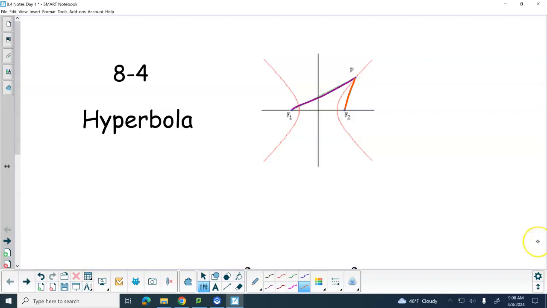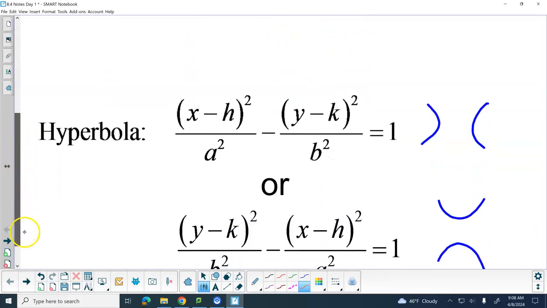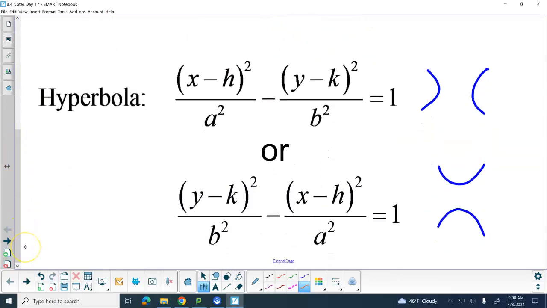So on your supplemental sheet, I would start by giving the two equations. There are two different equations for hyperbola, because now we have a subtraction sign in between the two squared terms.